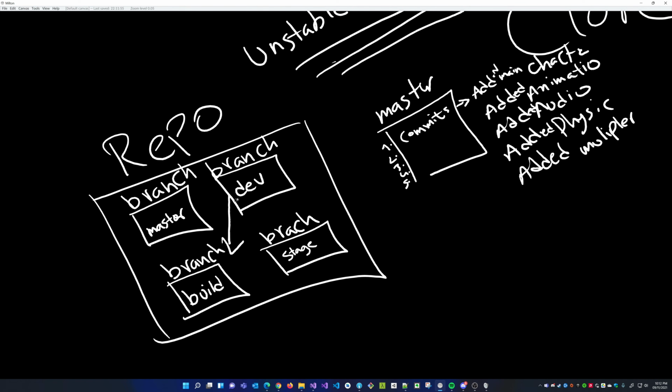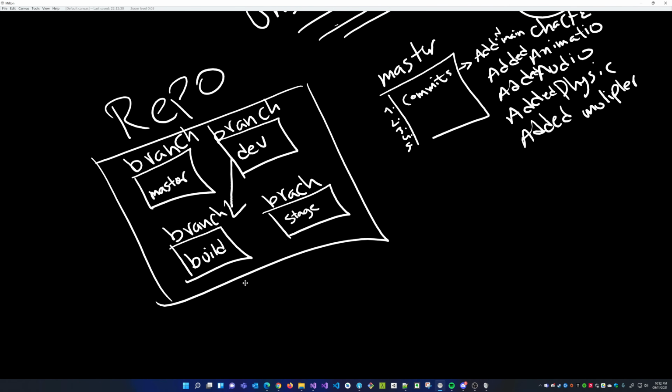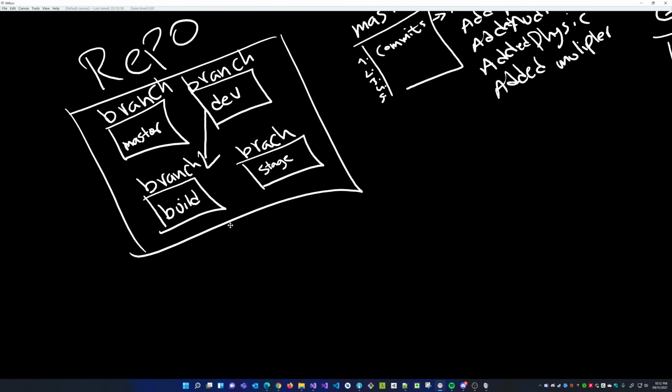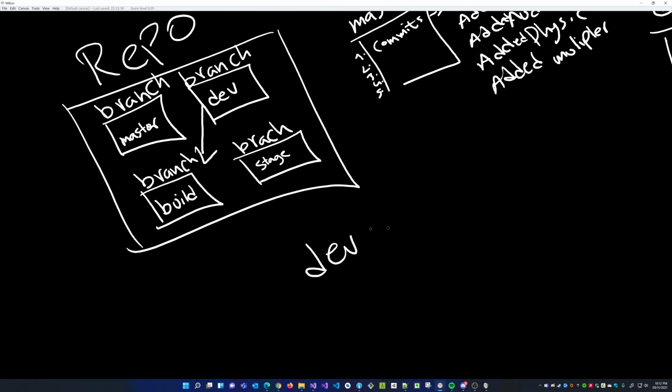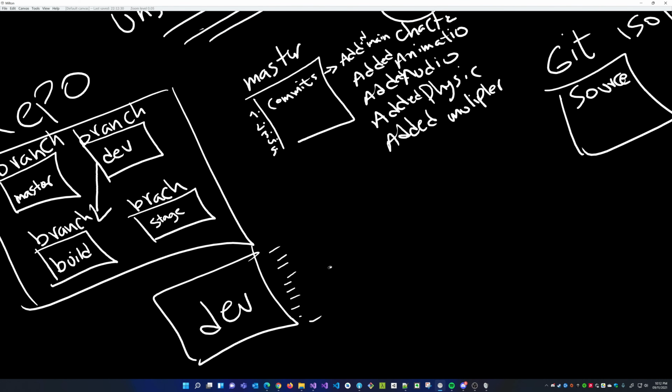So that means both dev and build have the same commits now. But now I know, after working on this for a year, my code is stable enough to put in the build branch. And so the idea here is that for the dev branch, I'm adding all my code that's unstable. I added like 10 commits. Once my code is stable and I would like to build it for the public, I take this code and I put it here.